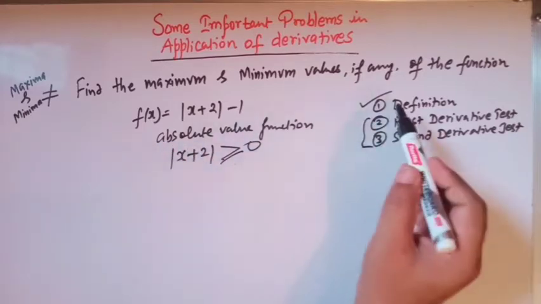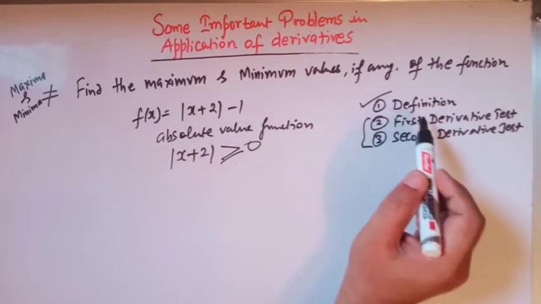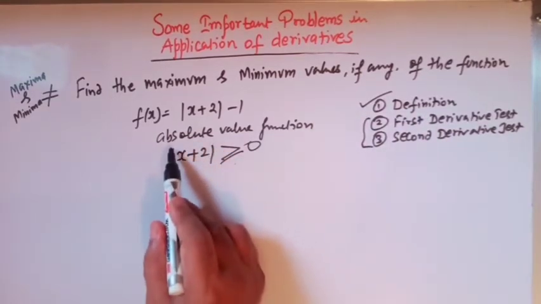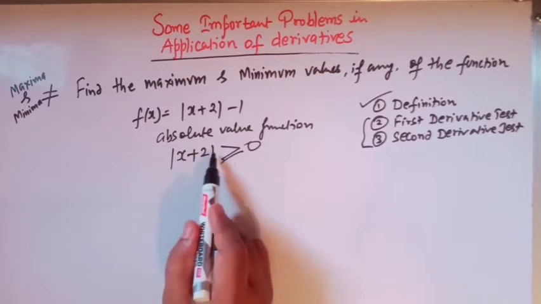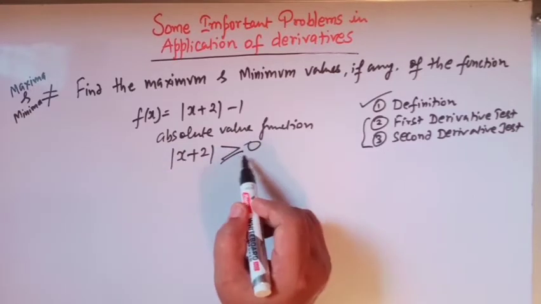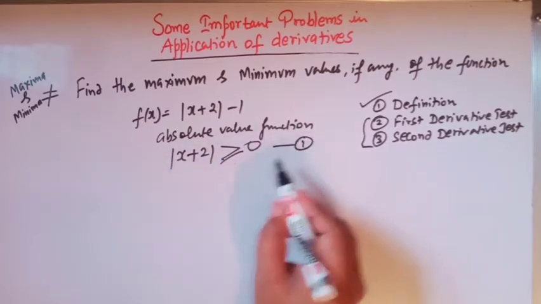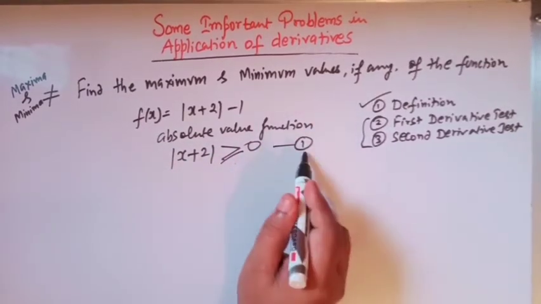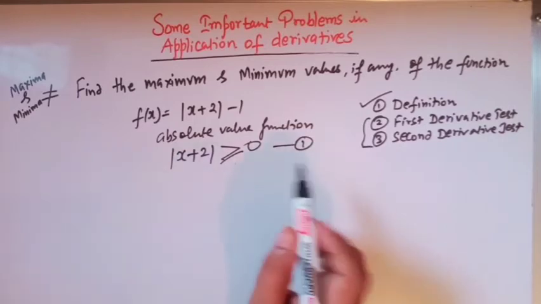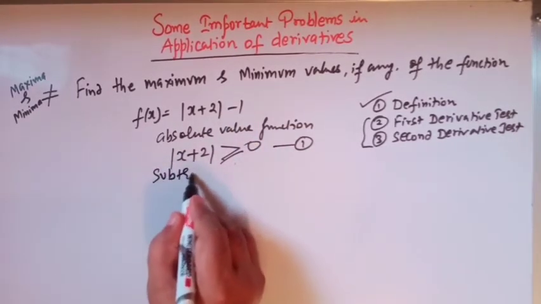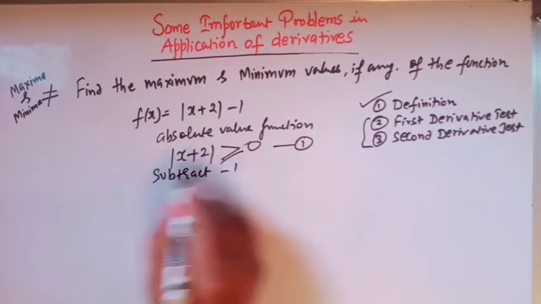Okay, so here I am going to use the definition, right? So mod of x plus 2 is always greater than or equal to 0. Let us say this is inequality number 1. Now subtract 1 on both sides.